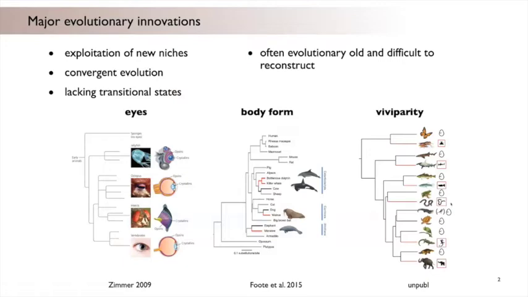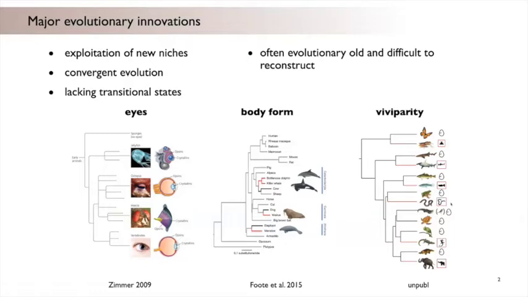A thing about major evolutionary innovations or major evolutionary transitions is that they tend to lack these transitional states. They're kind of a step change in evolution. And the origin of viviparity from ancestral oviparity is an example of this. There's an absence of intermediate forms, usually, so we have this kind of great leap of evolution.